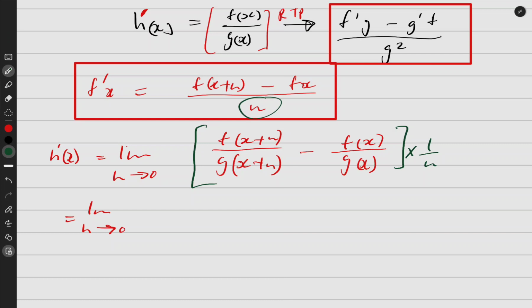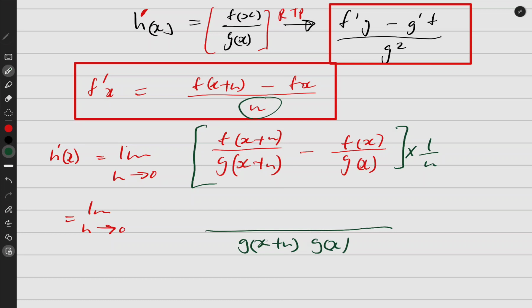Now we use our algebra, doing the common denominator. I'm not going to do it for you, just watch how I'm doing it, because this is just algebra from now on.